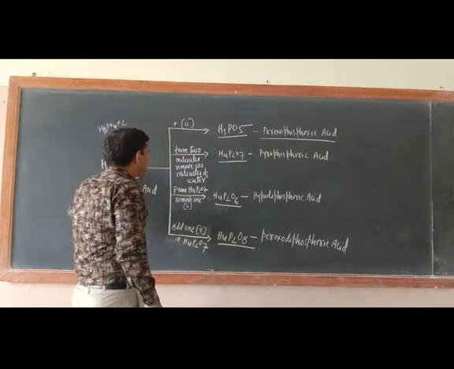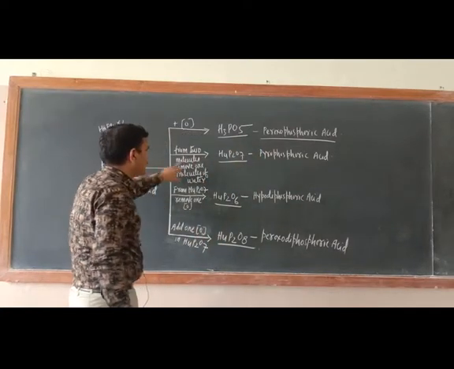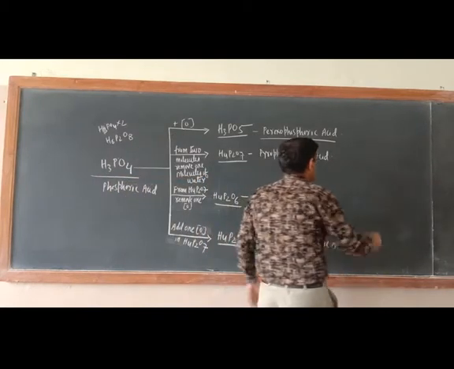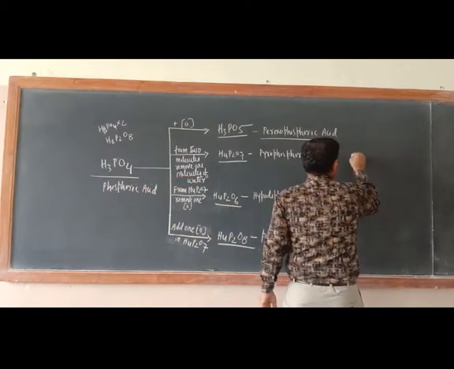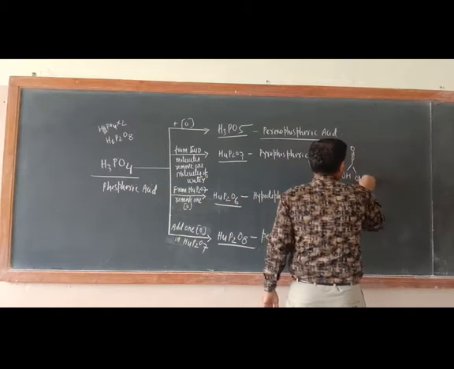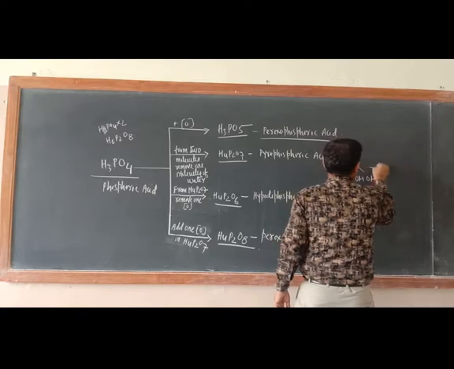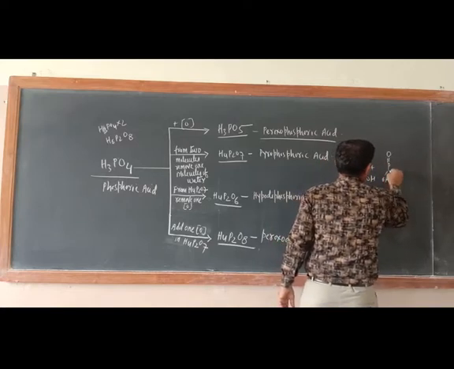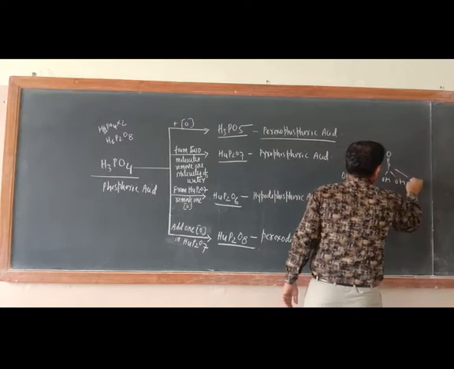If you take two molecules of phosphoric acid and remove one molecule of water, here I am showing, just see, P double bond OH, OH and OH plus P double bond OH, OH and OH.